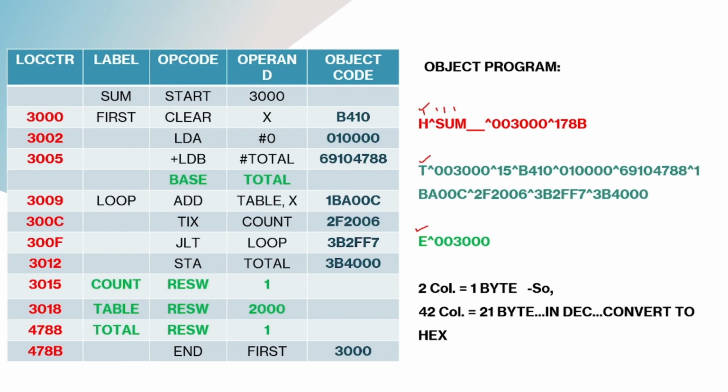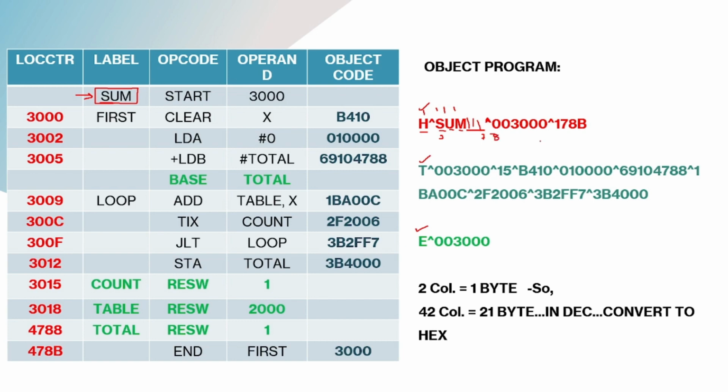So the first column contains H, and the next columns 2 to 7 right here will have your program name. You can see your program name right here is SUM, right? So you will fill it right here, SUM, and the next 3 spaces are blank. We'll have this caret symbol, and then your next value comes into play.